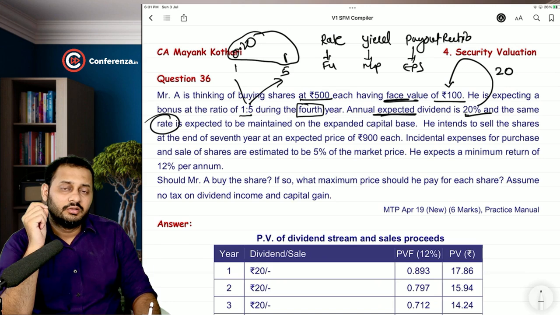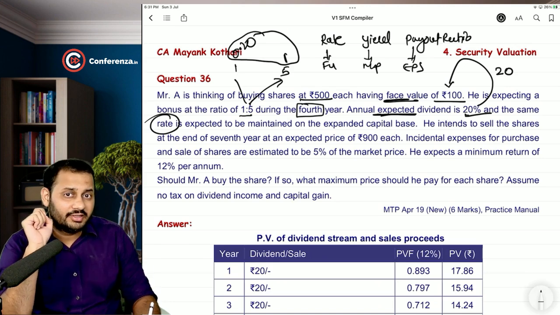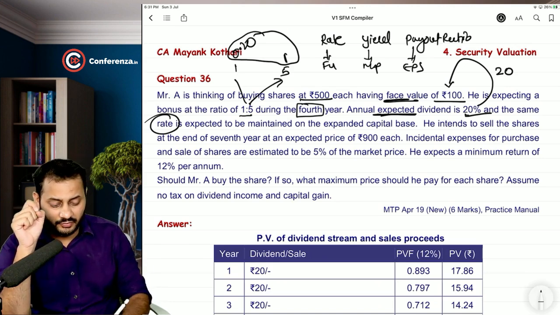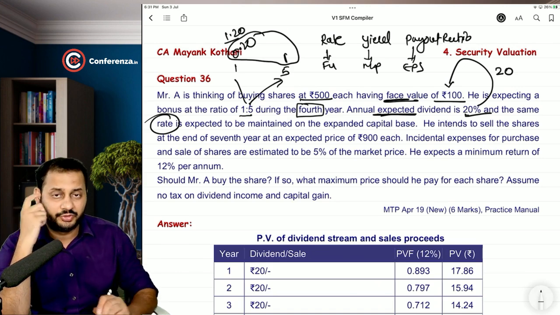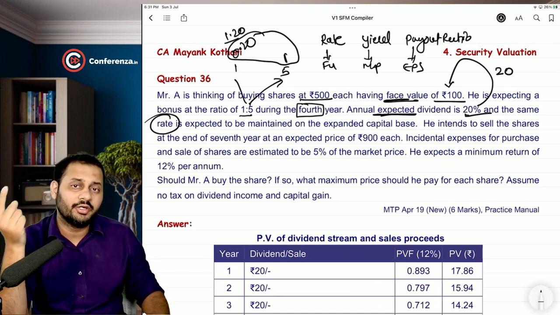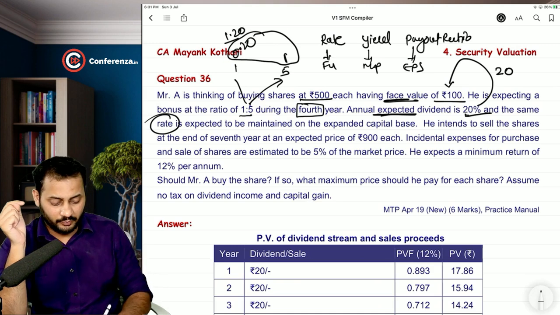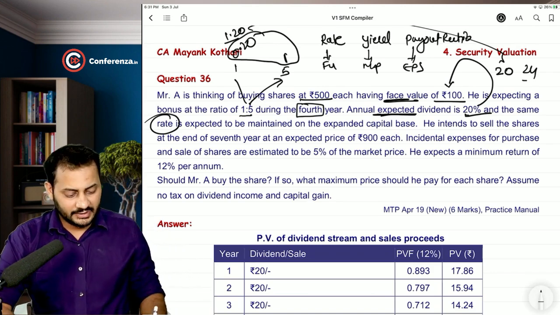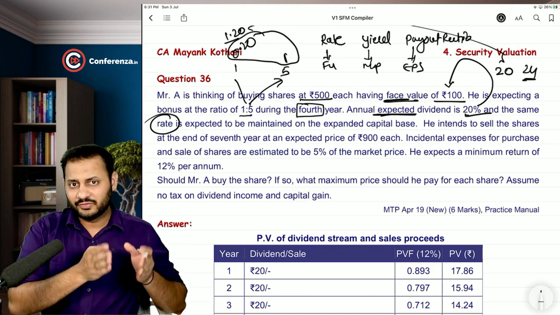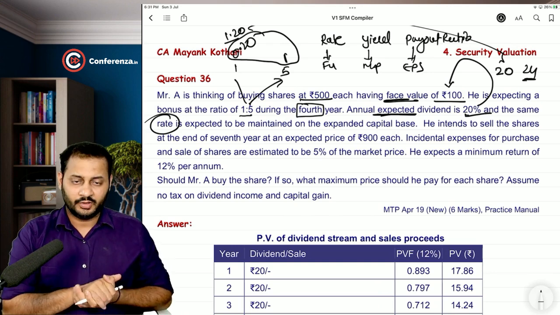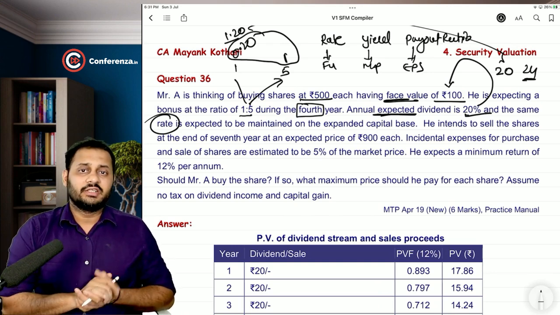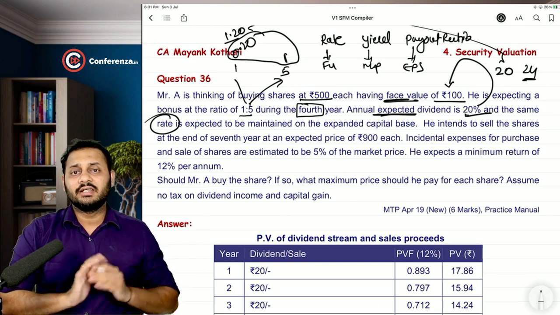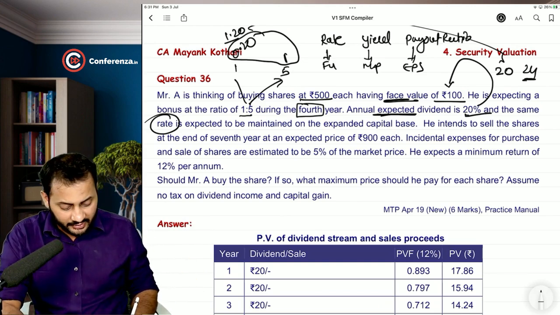But then you will be getting a bonus share in the 4th year. So in the 4th year, you will be having in total 1.2 shares, not just 1. And for 1.2 shares you will be receiving 24 rupees. 20 into 1.2, 24 rupees as the dividend for 4th, 5th, 6th and 7th year. Okay, at the end of the 7th year, Mr. A is thinking that he will sell the shares at 900 rupees each.